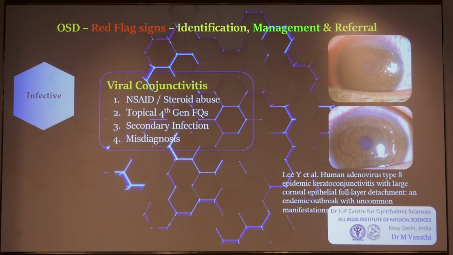Misdiagnosis as a simple conjunctivitis or an epithelial keratitis is also another common red flag scenario, where you have probably missed the earlier peripheral or smaller dendritic patterns, and you're looking at it only when it has become a geographical ulcer. That's a particular warning sign.